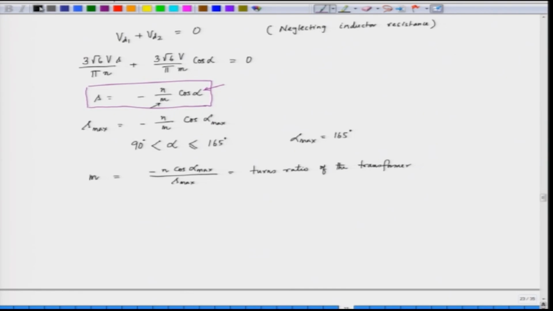Now, in this case, as we observe, the slip can be controlled by controlling the triggering angle alpha of the converter.